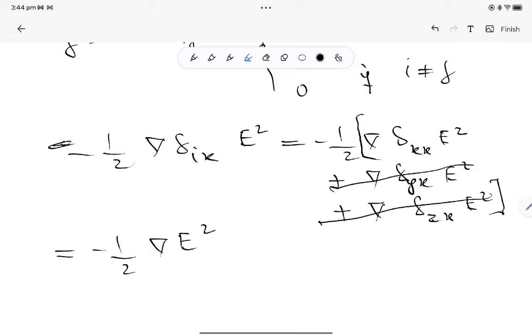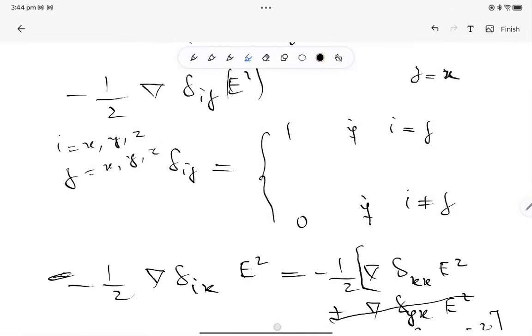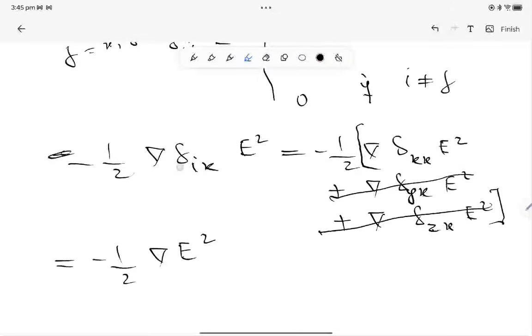Having done this, but just a minute, we have one more thing, that is this del. This del is basically minus 1 by 2 del i e square. We still have to sum. We have taken the sum over this, but not over this. That's wrong. We have to take that as well.